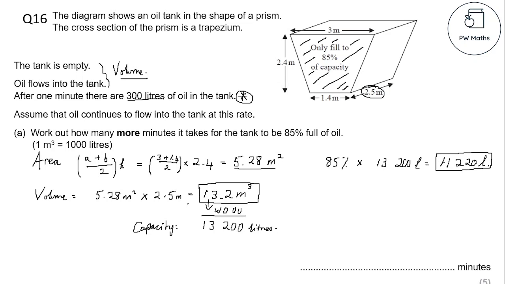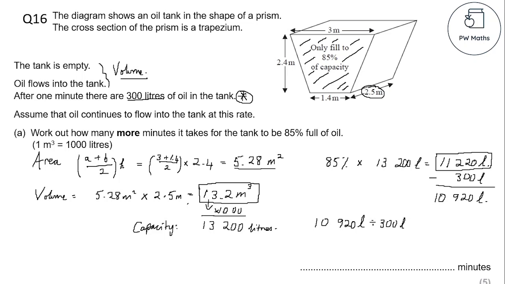It was empty. The bit that everyone forgets is after 1 minute there are already 300 litres in the tank. So let's take that 300 litres off, giving me 10,920 litres. We need 10,920 litres of oil to flow in. It is flowing in at 300 litres per minute.